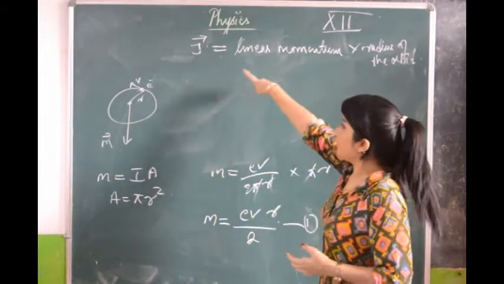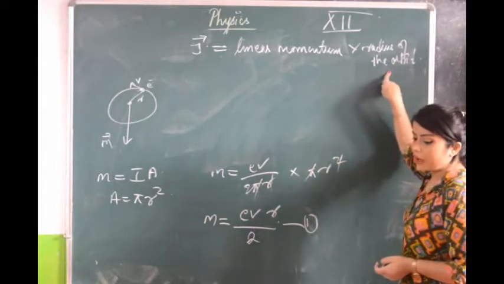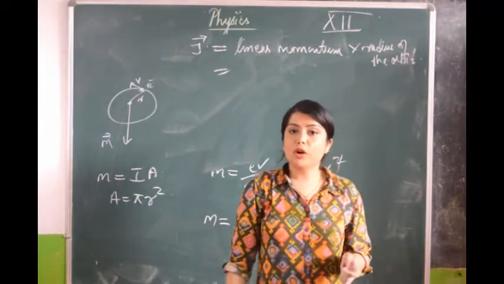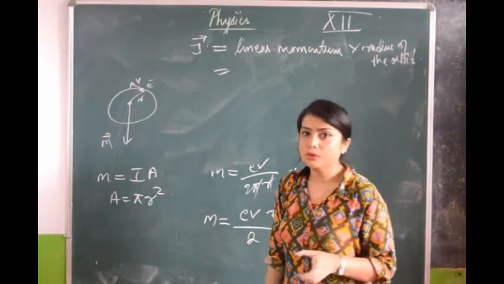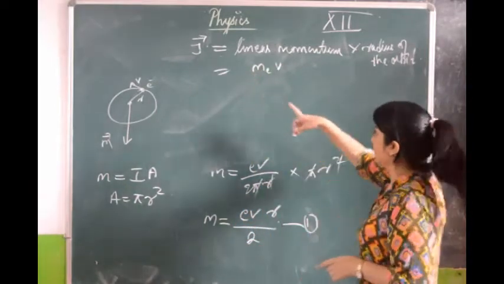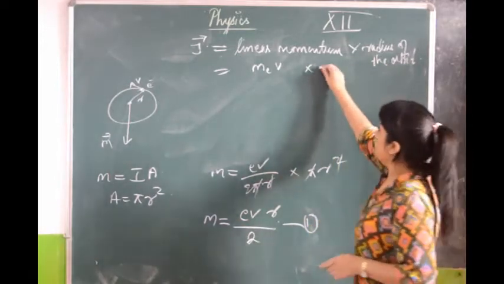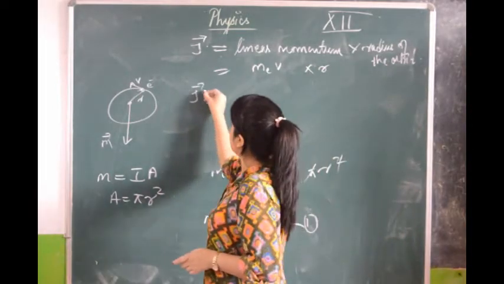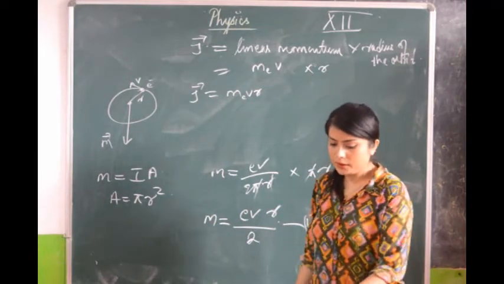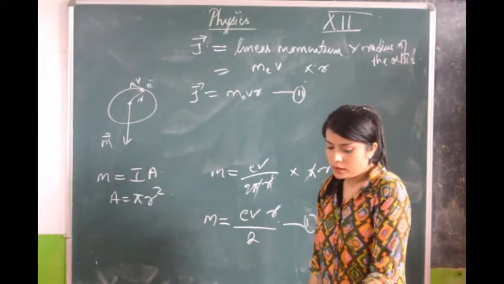So orbital angular momentum is equal to linear momentum multiplied by the radius of the orbit. The formula of linear momentum is m into v, where m is the mass of the electron and v is its speed. Multiplied by the radius r, your orbital angular momentum becomes L = mvr. This would be equation number 2.